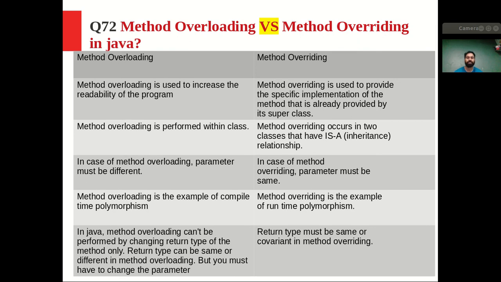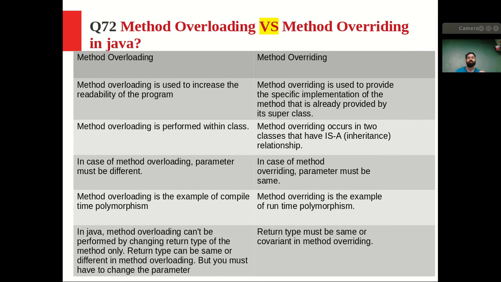The first point is that method overloading is used to increase the readability of a program. So we know that when we use method overloading, it increases the readability of a program. This method overloading concept I have discussed in my previous session, so you can visit that session also for more info on method overloading.